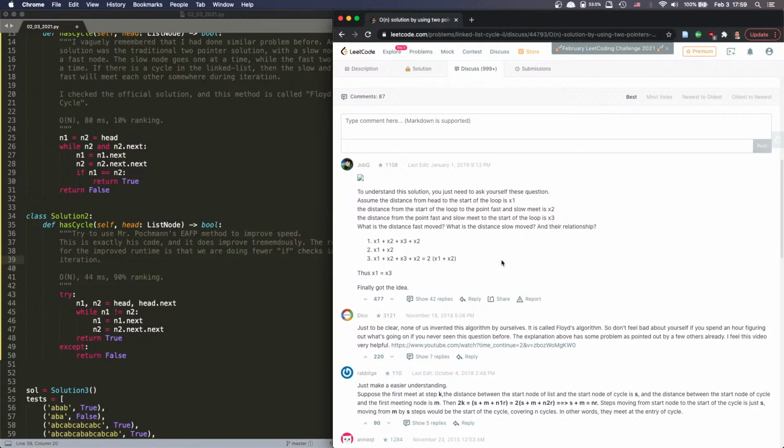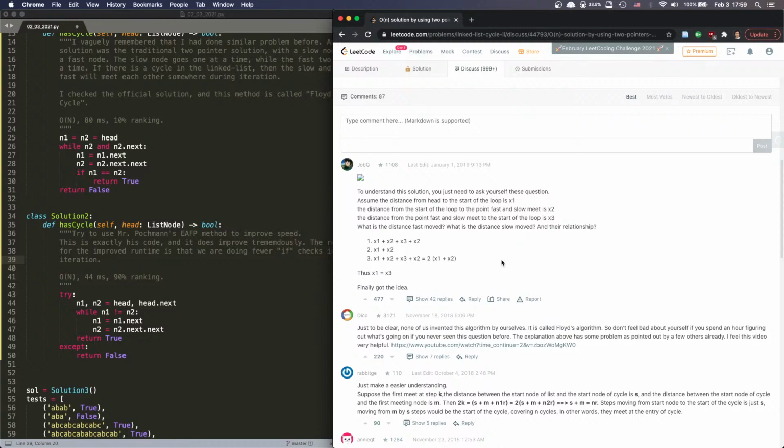Slow has moved n plus n. We were talking about the total distance that they have moved. What is the relationship between when fast has moved and slow has moved? Well, the relationship is 2 times slow moved equals 1 times fast moved.